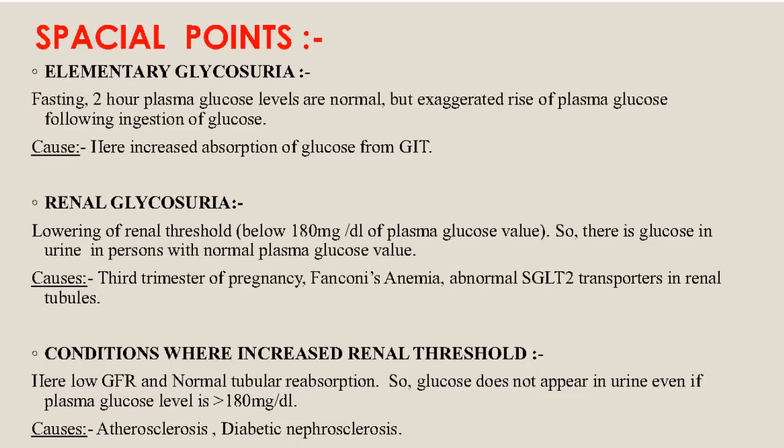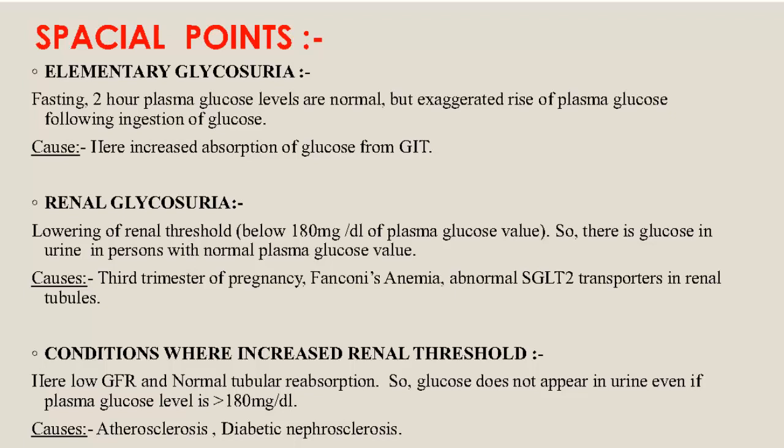When we take the meal, the glucose will be absorbed rapidly from the gut. Thereafter the insulin level also rises and counteracts this glucose value. In between the timing, that is the glucose absorption from the gut and the insulin level starting to rise, there will be a high value in the OGTT curve. This is alimentary glycosuria. Actually the cause is increased absorption of glucose from the gut.